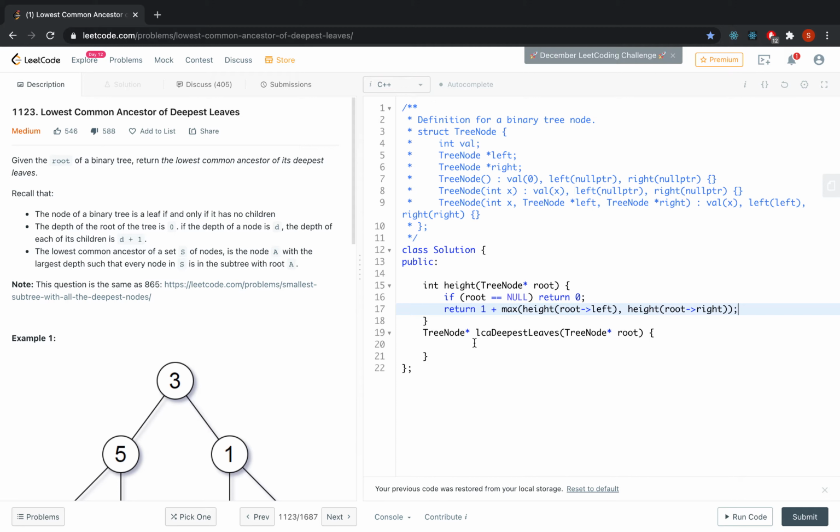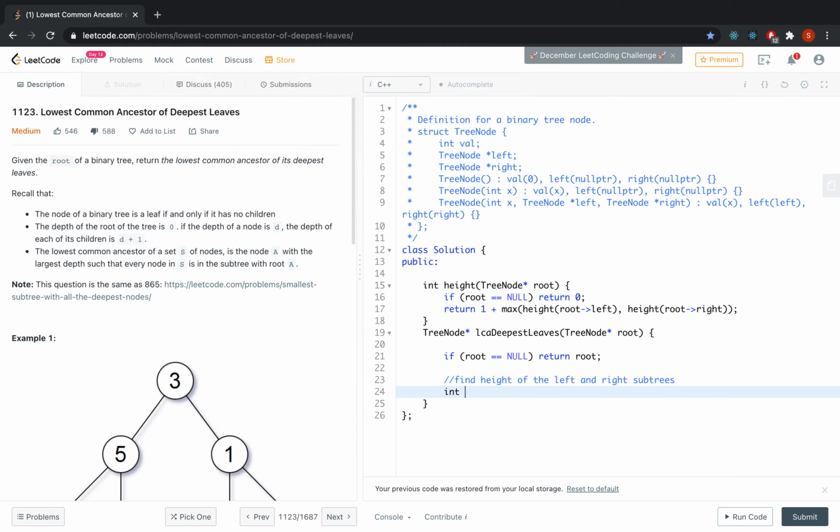Then now what you want to do is check if the root is equal to null. So that's a base case. If the root is null, just return it. And now you're going to find the heights of the left and the right subtrees.